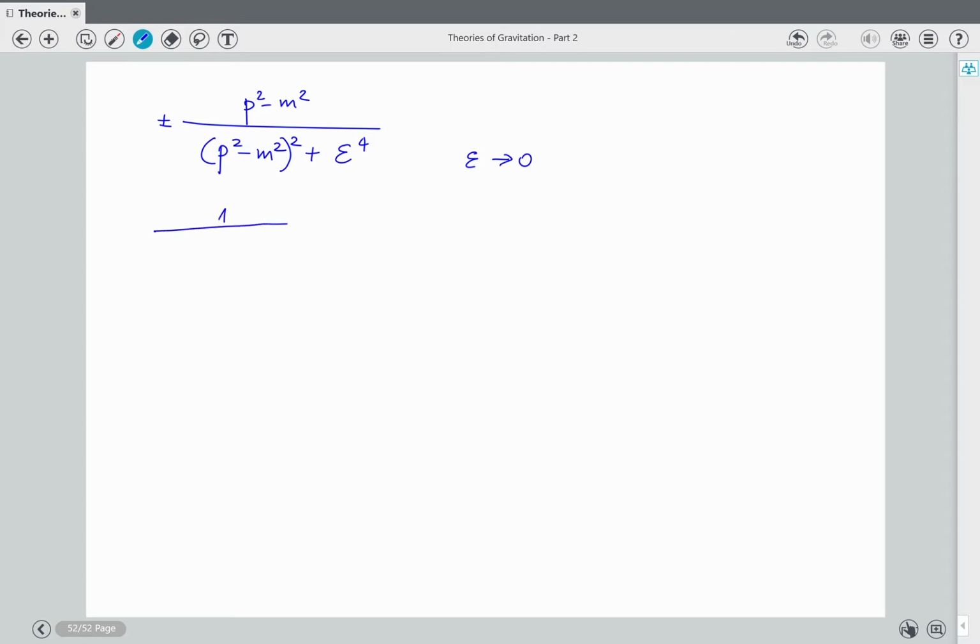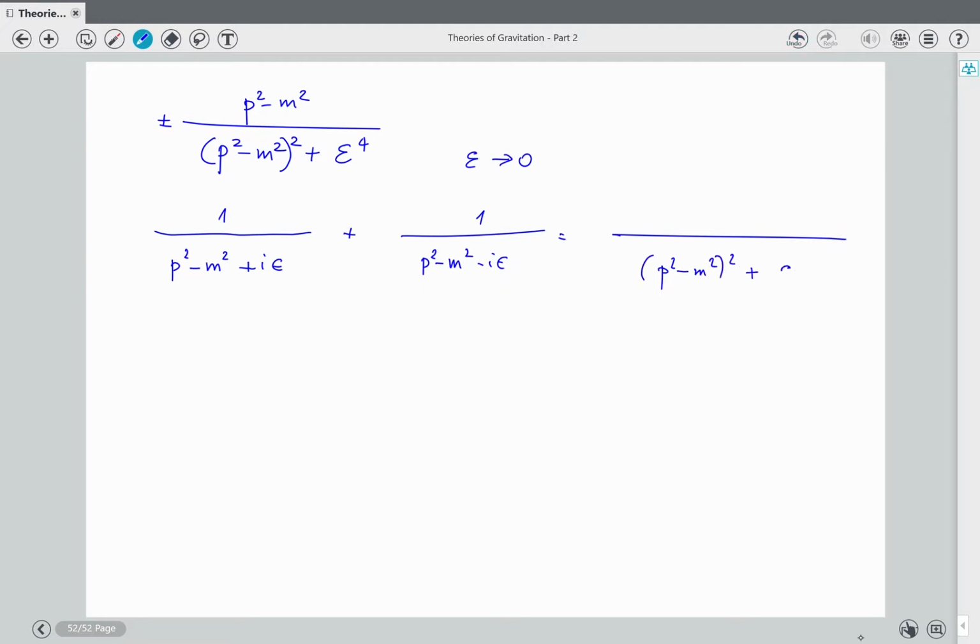Because if you compute the sum of Feynman and anti-Feynman, you get that. So you just choose.